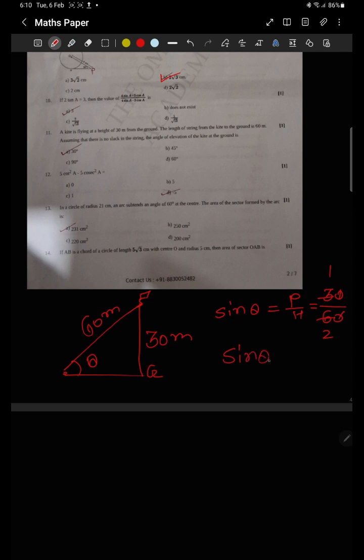So sine theta is nothing but 1 by 2. So theta is nothing but 30, because sine 30 is 1 by 2. So option number A, 30 degree is correct. Okay, now we will move towards the question number 12.